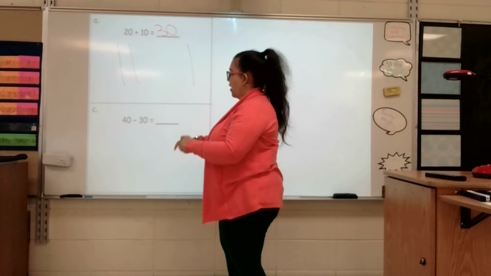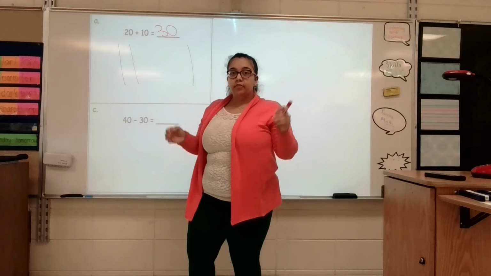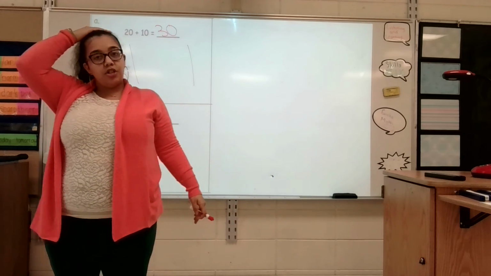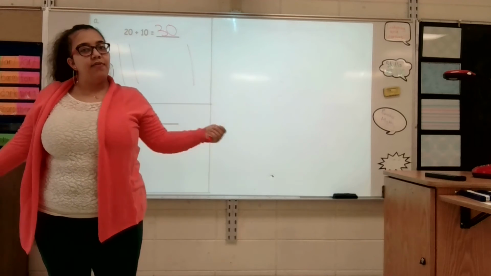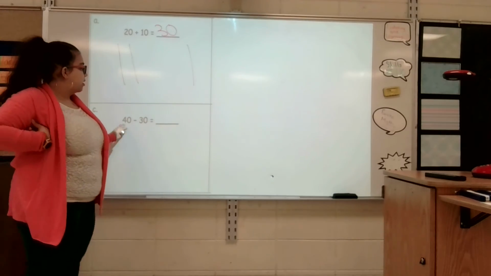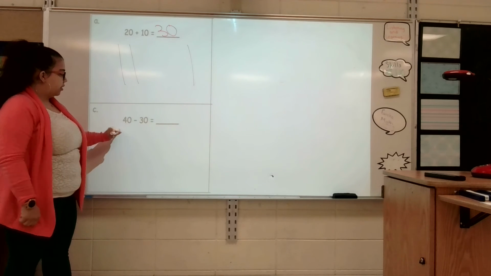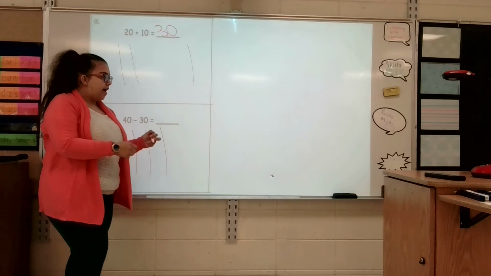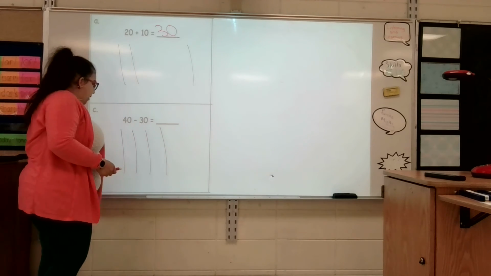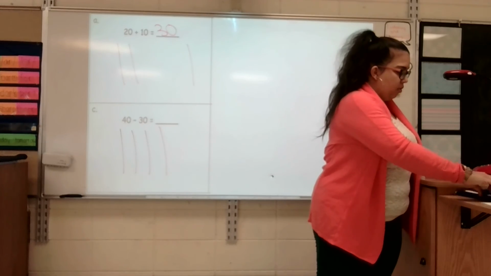Good. The next question reads, 40 minus 30 equals blank. This time we're starting with the whole, taking away a part and looking for the missing part because we are subtracting. We're taking away. So let's draw the whole. And then let's take away.